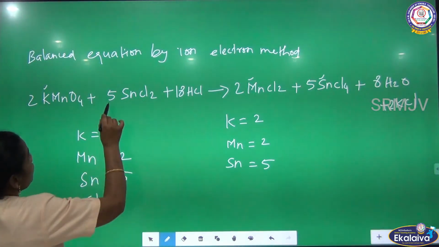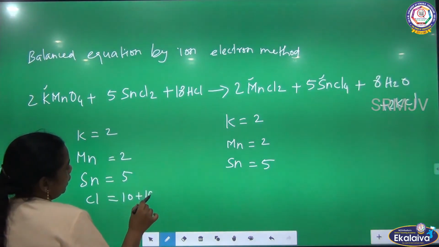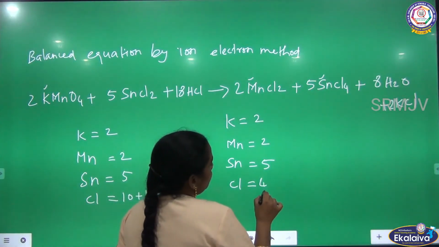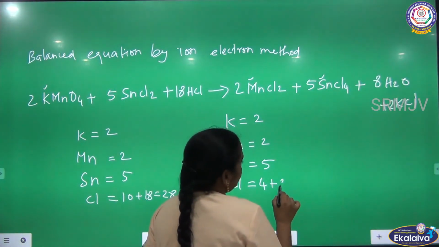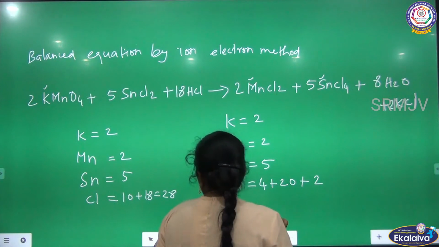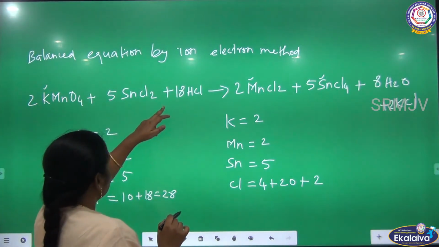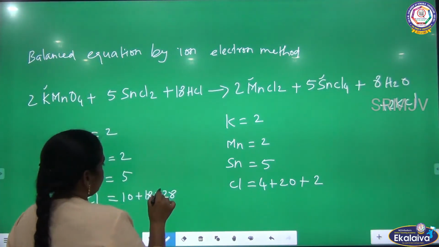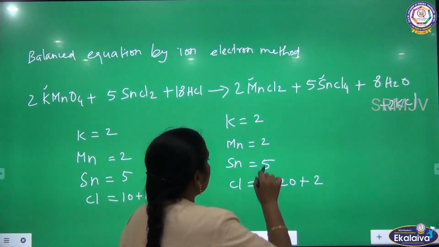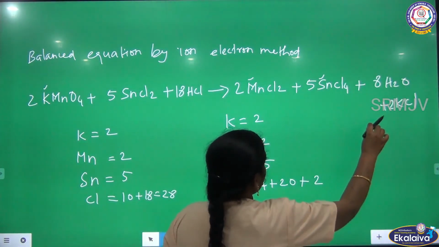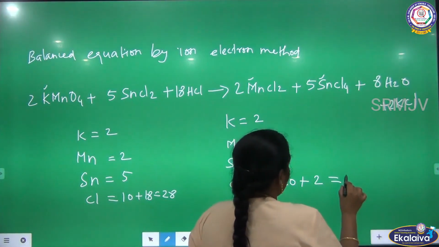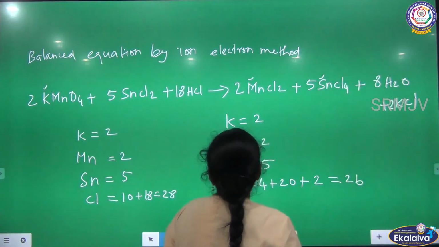Now chlorine: 5 2s are 10 plus 18, 28 chlorine on this side. On the other side, 2 2s are 4 plus 5 4s are 20 plus 2, 26.